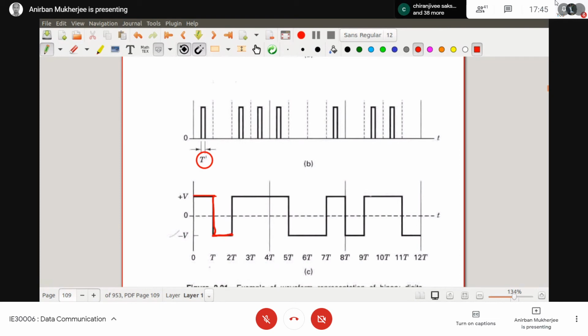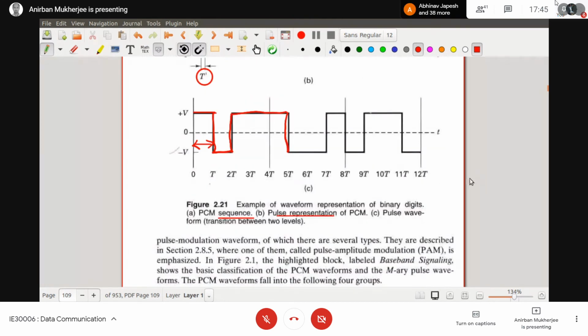When I am transmitting this information, my basic thing was 3 bits grouped together. If you remember, the first one was 101, but I am breaking that boundary. I am just considering one bit and transmitting. Each bit duration corresponding to each voltage is T, then T, in this way.